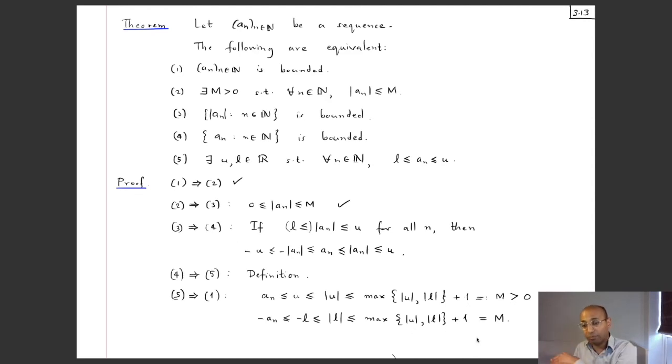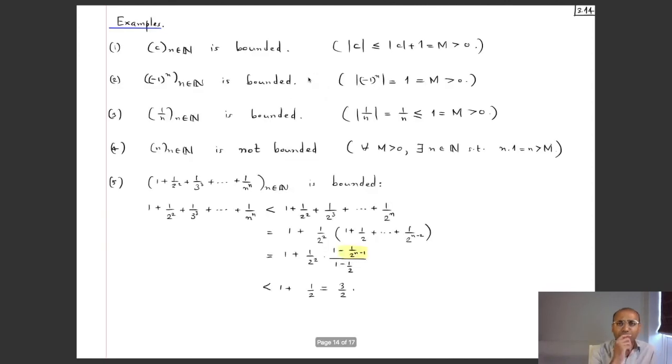Then I add plus 1 to it, the inequality is still preserved, and that's your M. So what I've got is a_n is always less than this capital M, and minus a_n is also less than this M. But mod a_n is either this or this, and in both cases we have something less than M. And so we have shown that mod a_n is less than or equal to this M for all n, and so we have shown that this a_n is bounded. So this can be useful sometimes. So let's see some examples of bounded sequences.